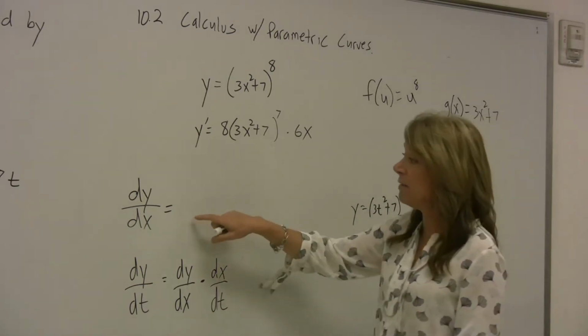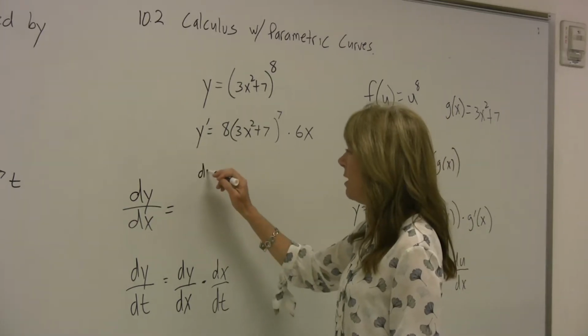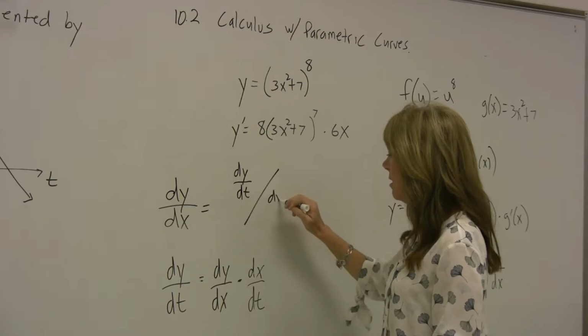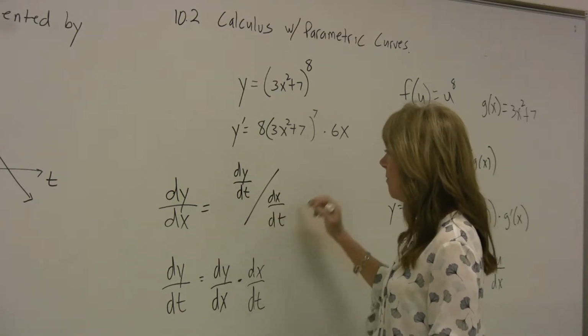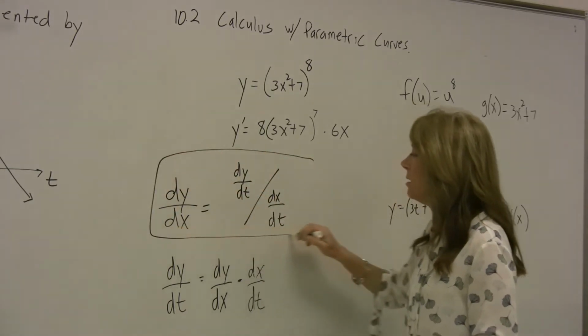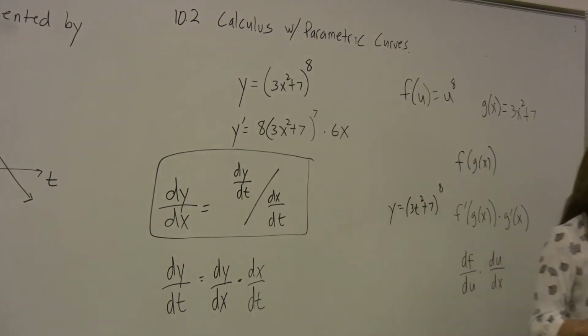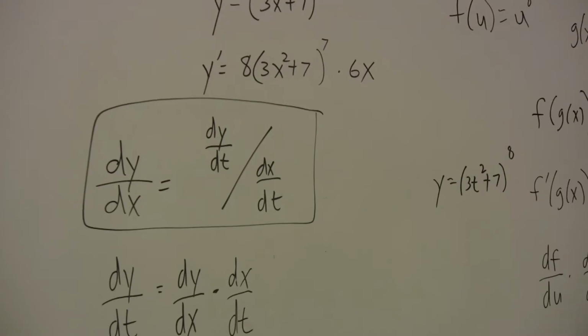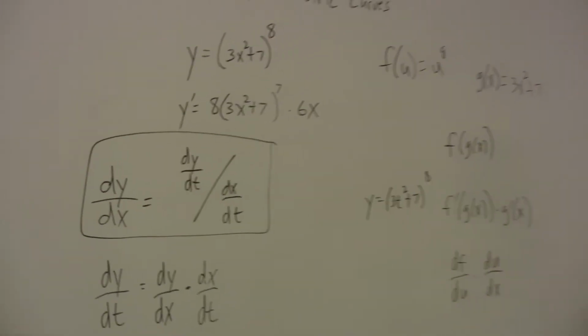So here's where we're going. This is the formula you're going to want to highlight in your notes. I would have to take dy dt divided by dx dt. Put a box and a star and highlights, whatever you put in your notes. This is how you find the derivative of a function if it's given to you in parametric equations.